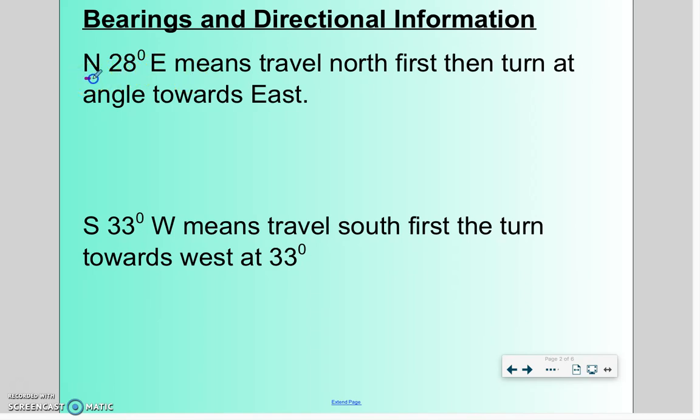So if I give you north 28 degrees east, that means that I'm traveling north first. So if my original line of sight is going straight north, and then I turn at an angle towards the east.